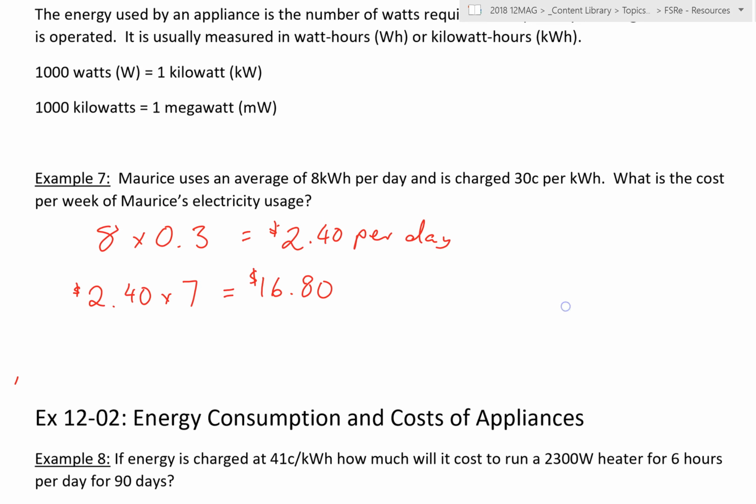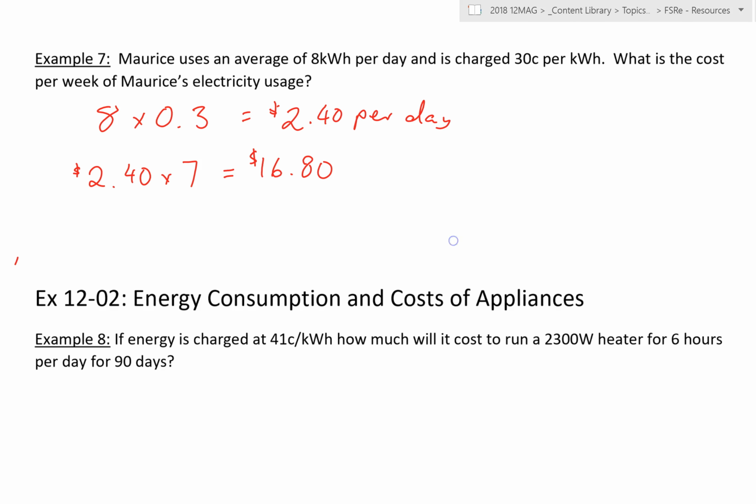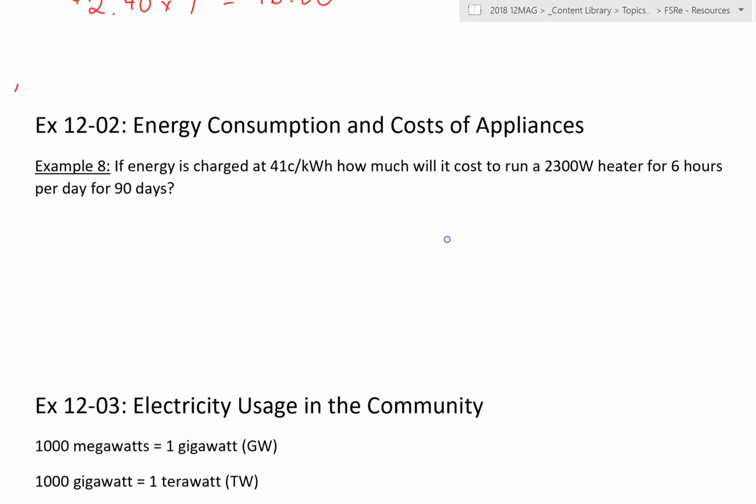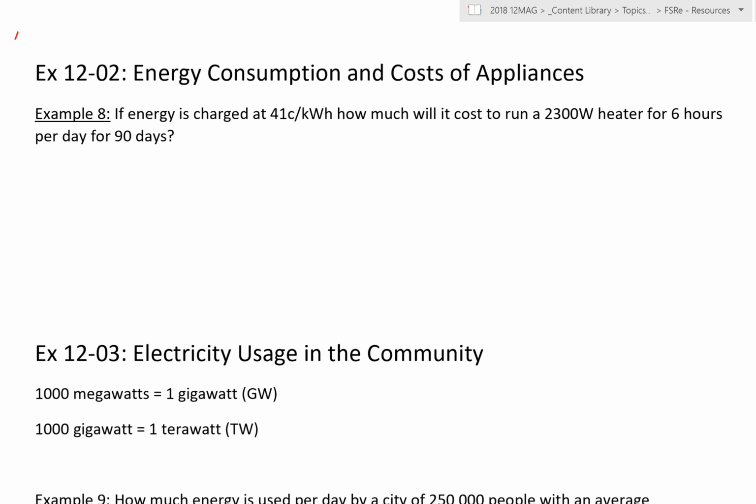Unit conversions are important as well. 1,000 watts to a kilowatt, 1,000 kilowatts to a megawatt. We don't measure many things around the home in megawatts. Your power bill, and when we say power bill, it should be an energy bill, talks about kilowatt hours usually.